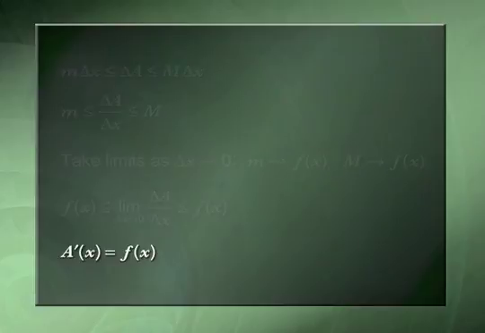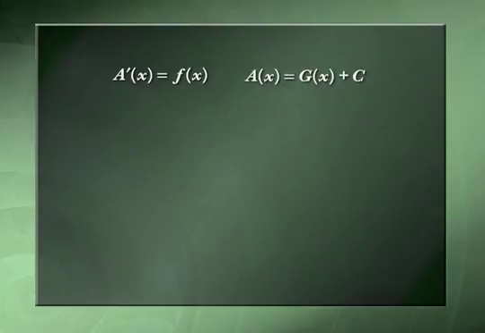Good. That means we can now find an antiderivative. A of x will be some g of x plus a constant, and g will be an antiderivative of f. Good. Can I find the constant c in my equation? Well, we know one more piece of information.